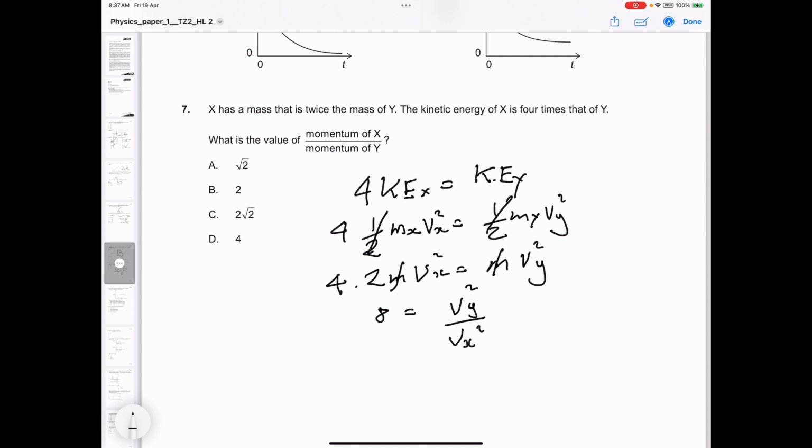So then we can say that the square root of 8 is equal to v_y all over v_x. So then the square root of 8, that's equal to 2 root 2. So the answer is going to be C, 2 root 2.